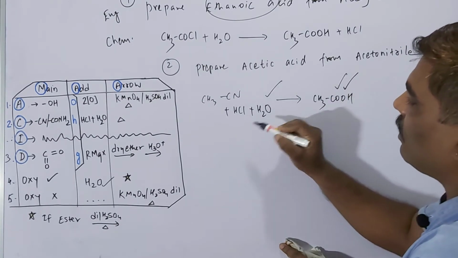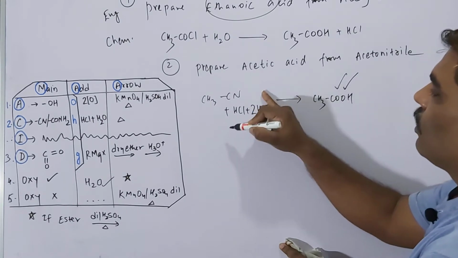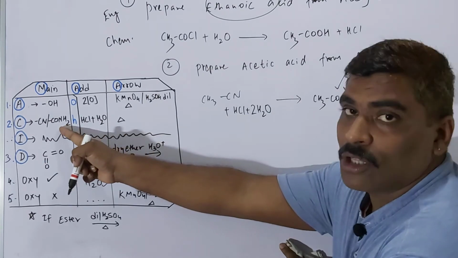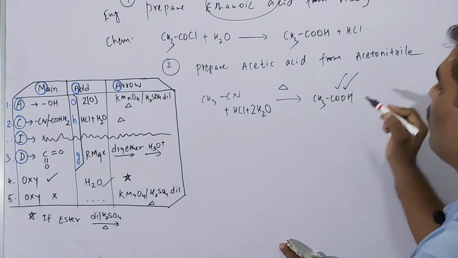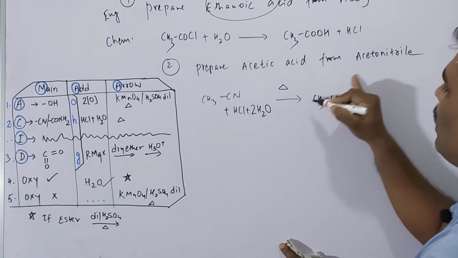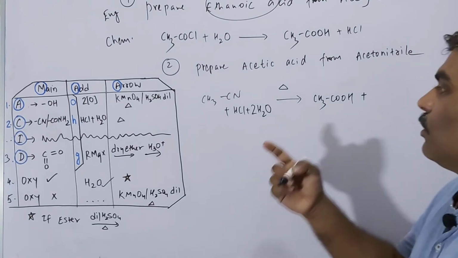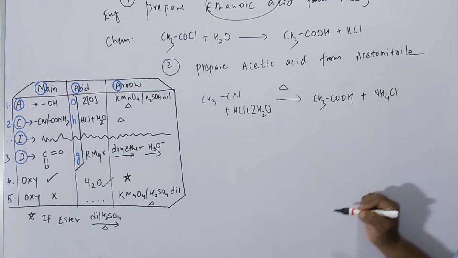Here we have one, so we have to balance. We should write here 2. See, in the formula table 2 is not given here because amide is also there. That's why. Now what? When heated, if you try to find out what is extra on the left side versus the right side, that is ammonium chloride extra you will get.